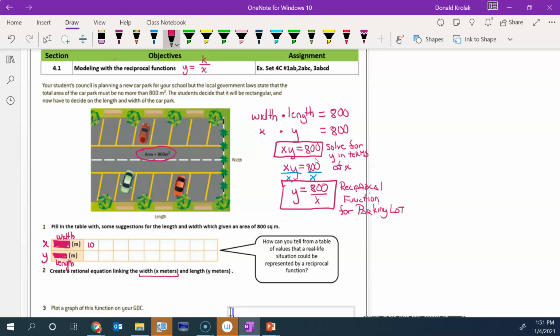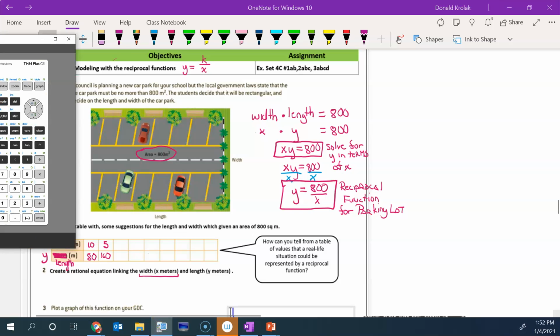So this would be 800 divided by 10, so that would have a corresponding length of 80. 5 goes into 800. That would be 800 divided by 5, which would be 160. So I'm just coming up with numbers that make 800.